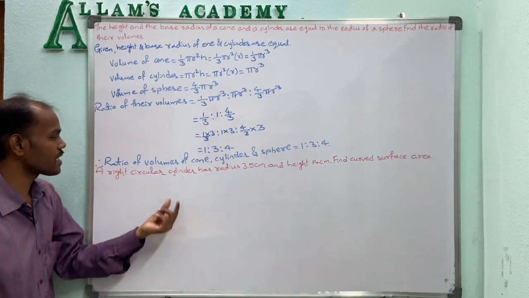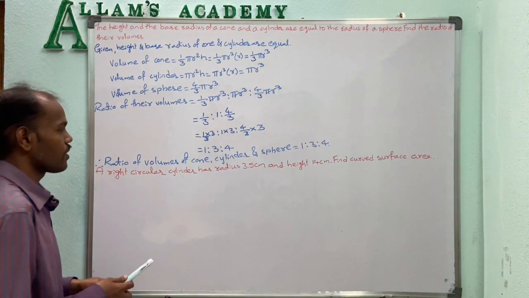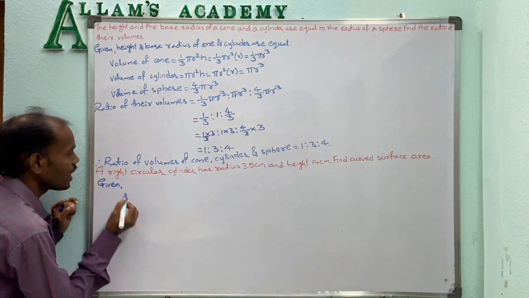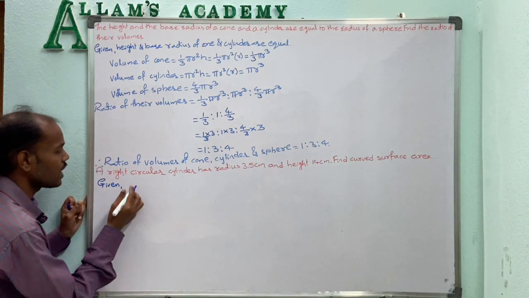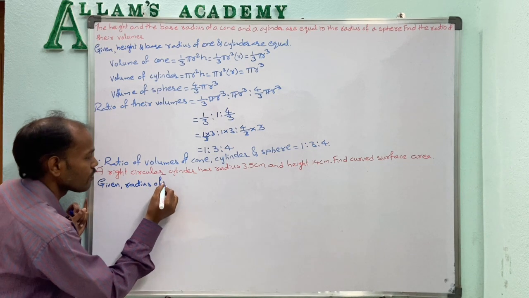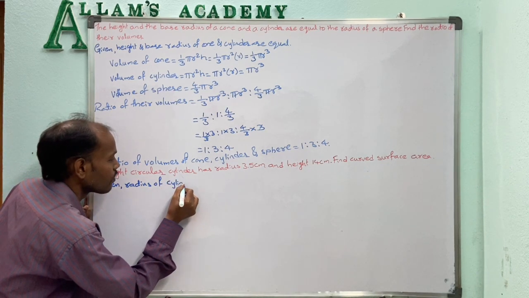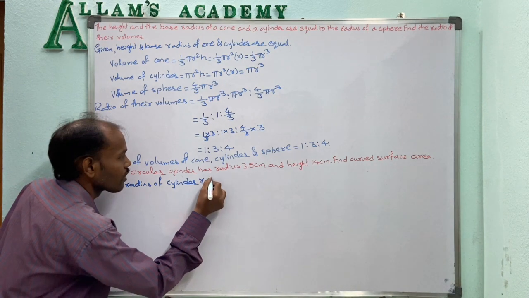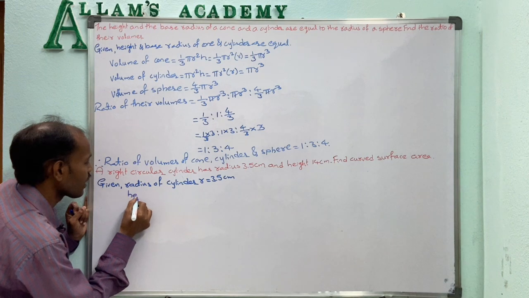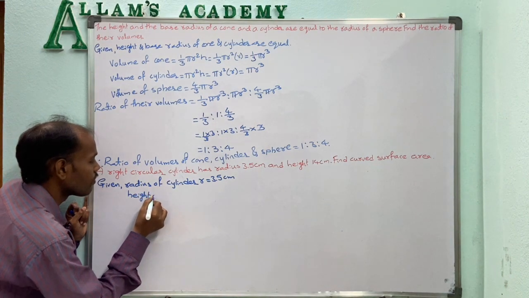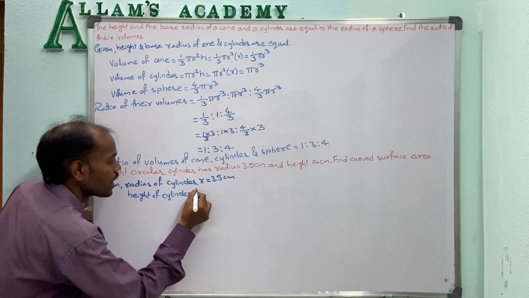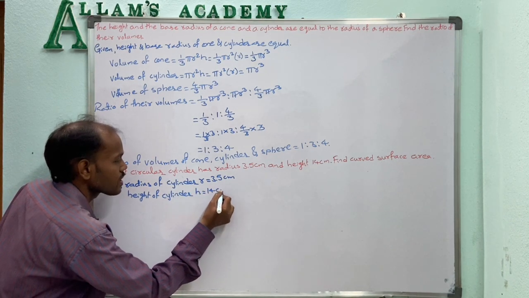So the object is in the shape of a cylinder. Writing the given information: radius of cylinder r equal to 3.5 centimeters, height of cylinder h equal to 14 centimeters.